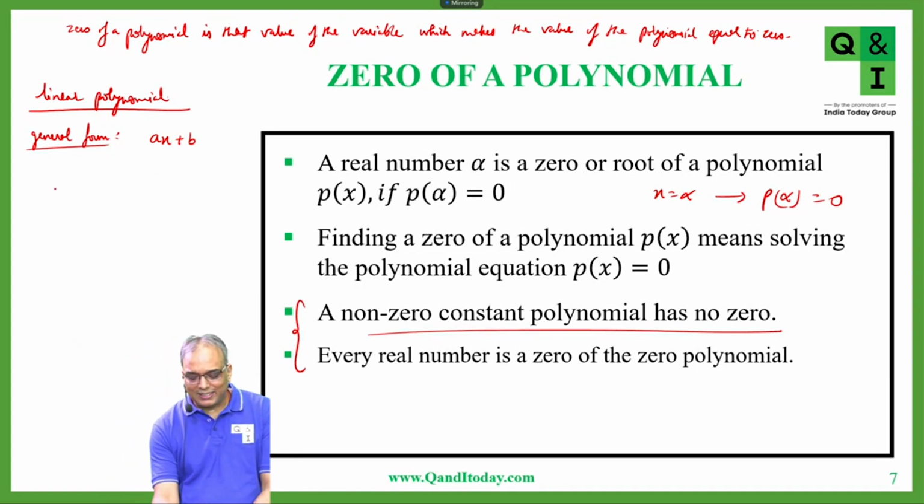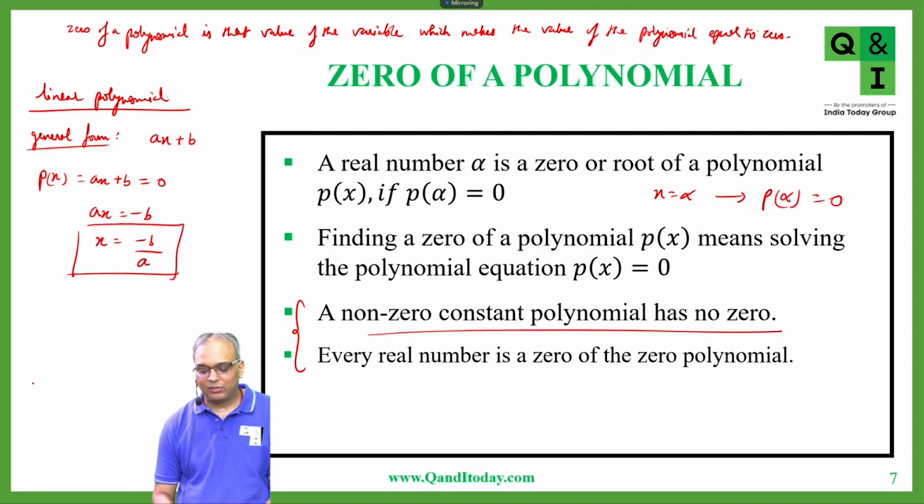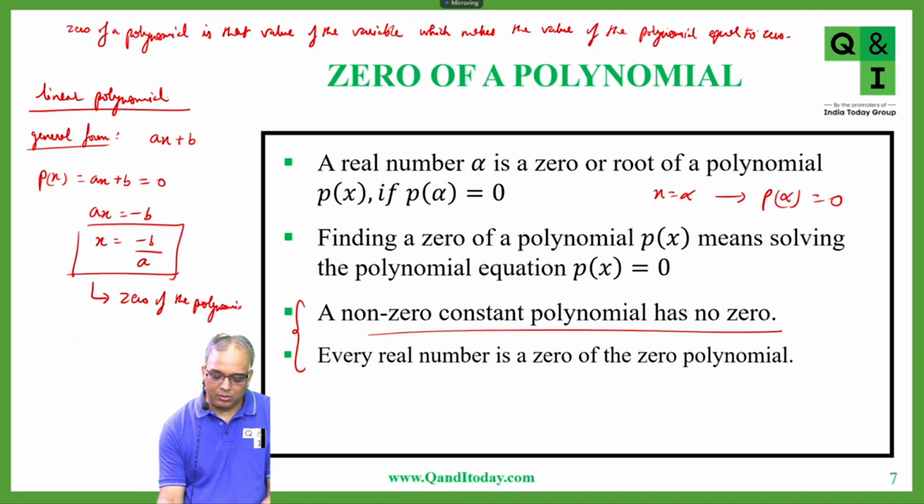For this linear polynomial, if you have to find the zero, if p(x) is equal to ax plus b, equate it to 0, you will get ax is equal to minus b or x is equal to minus b over a. So x is equal to minus b over a is the zero of the polynomial. Is it clear?